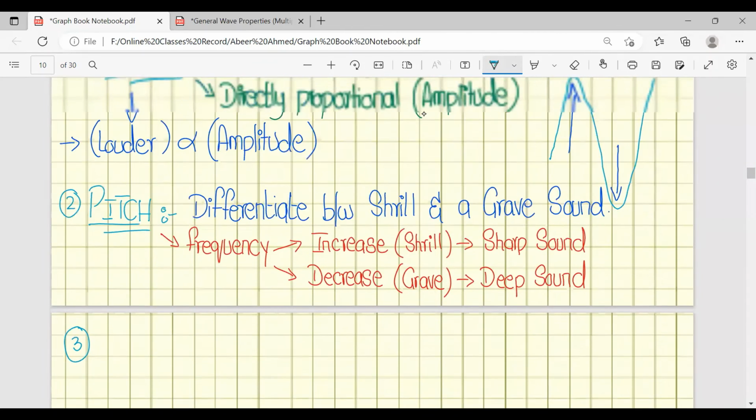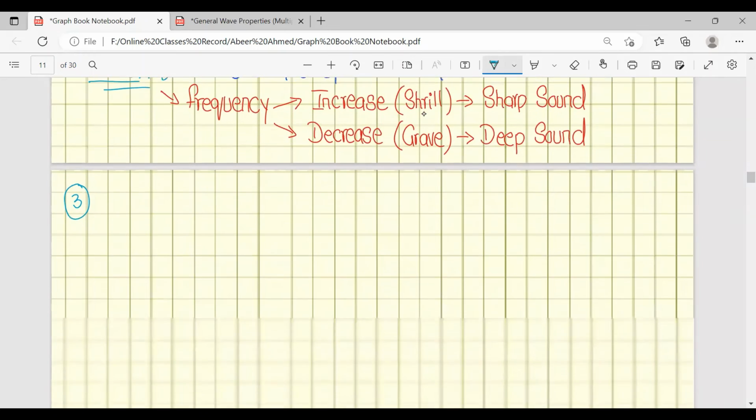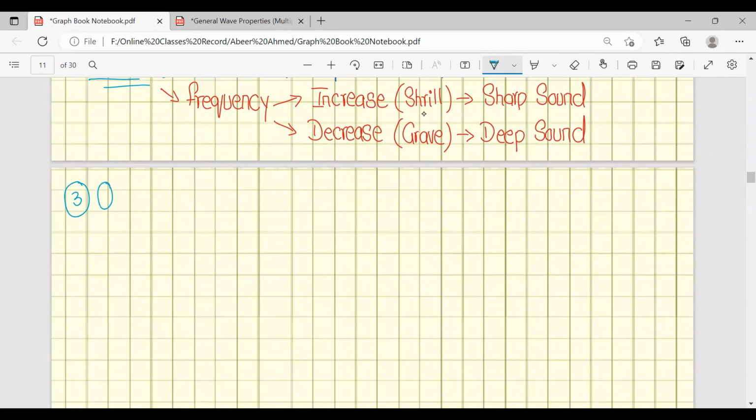So the third factor is the quality of a sound. We normally use this word in daily life for different products, mobile phones, speakers, saying the quality of that phone, those AirPods or those speakers is good or bad. So what is the meaning of quality in sound?